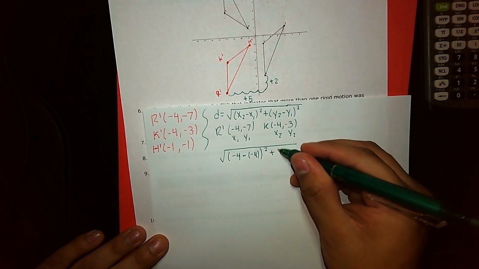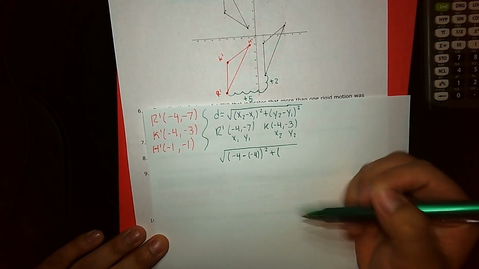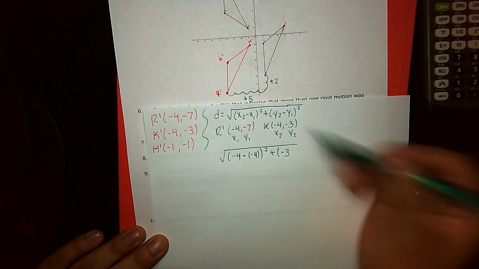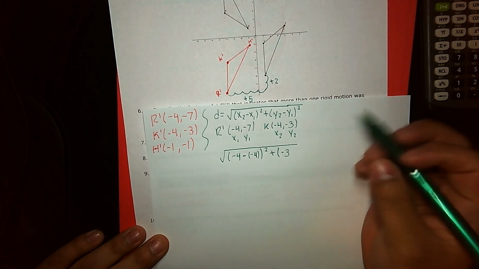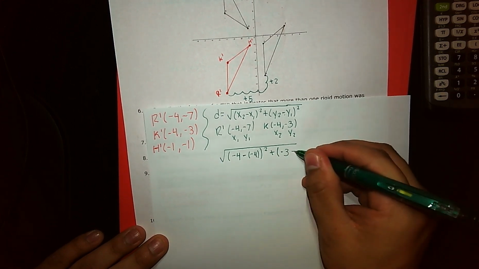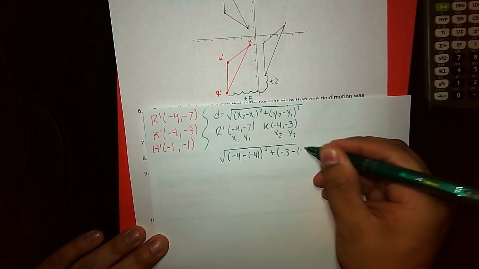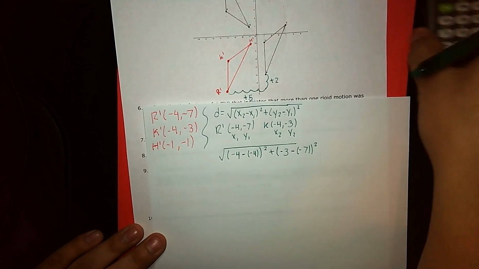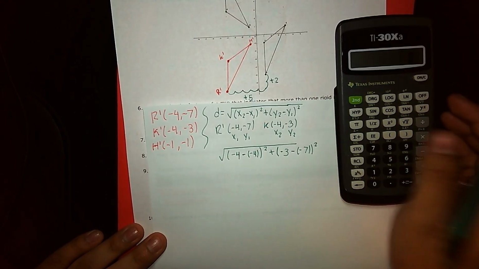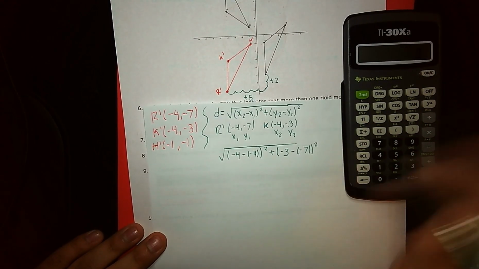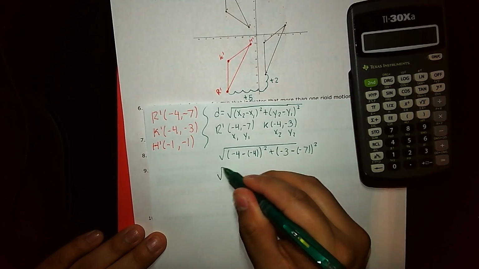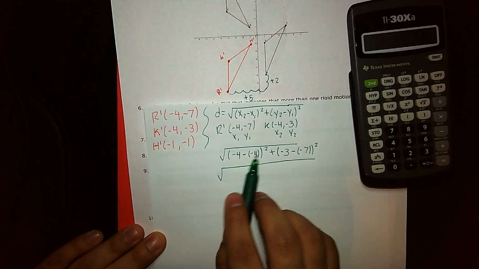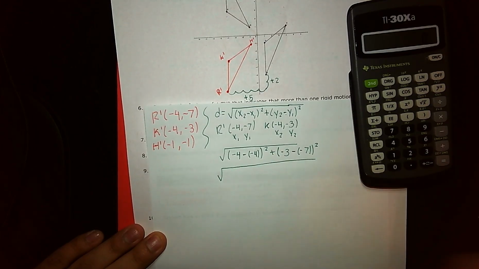Plus y2, which is -3 here, minus y1, which is -7. So -3 minus -7, and the whole thing squared. You should have a calculator with you as well. So what do we get? Well, let's simplify. -4 minus -4 is the same thing as -4 plus 4.